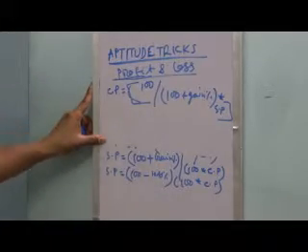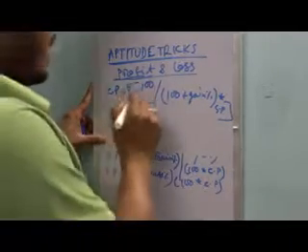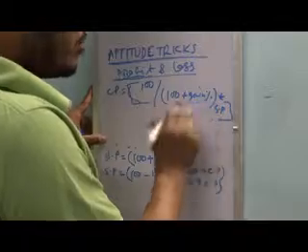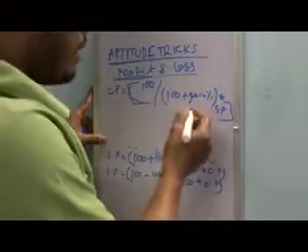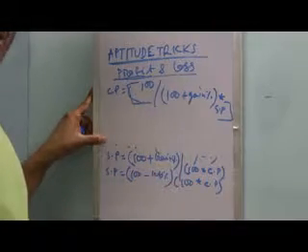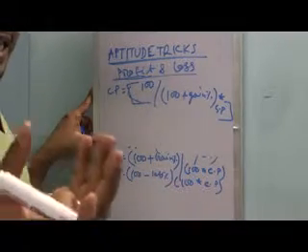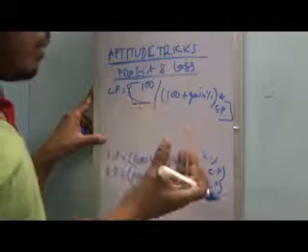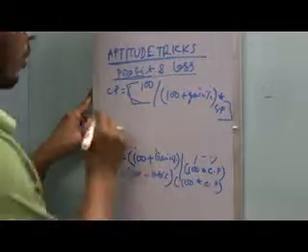Okay, so cost price will be 100 by 100 plus total percent of gain or profit into the amount in which the product is already sold.